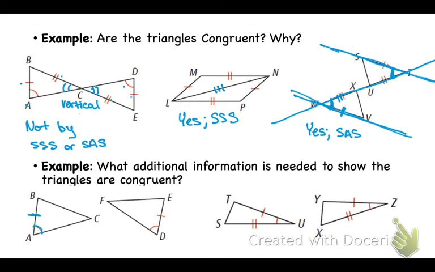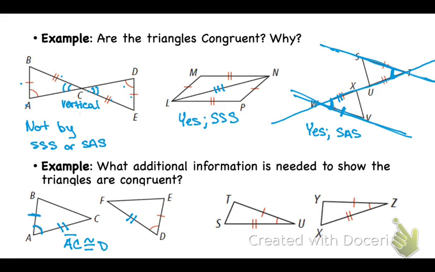Which side? Name it. AC. And we need to know that AC is congruent to what? D. F, D. So we need to know that AC is congruent to FD.